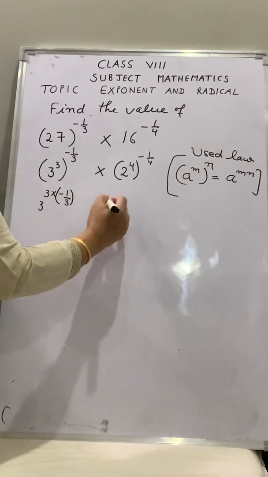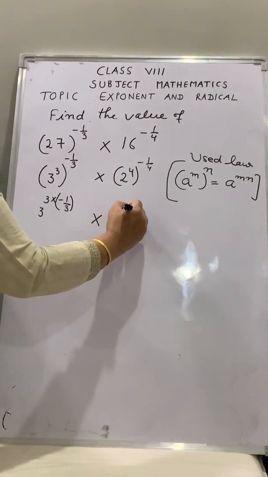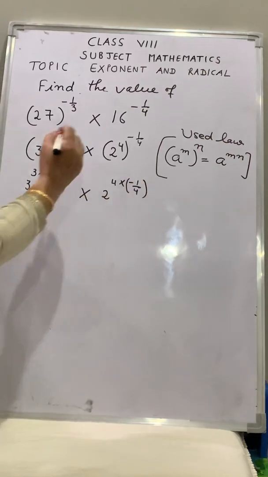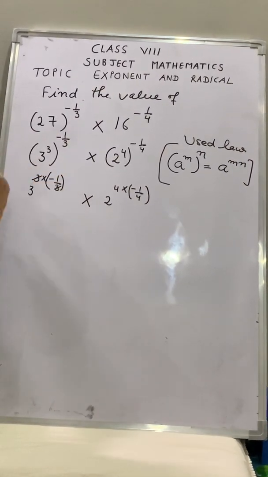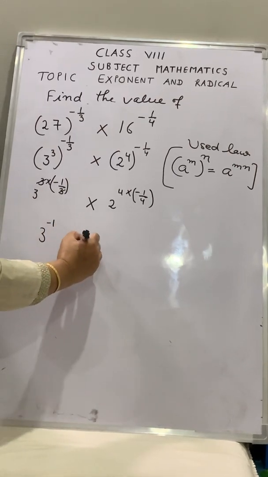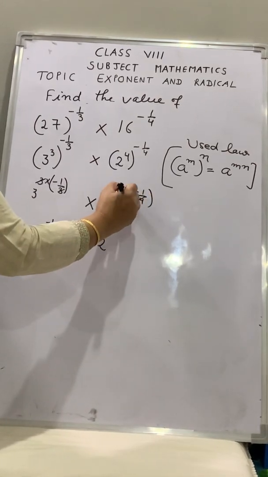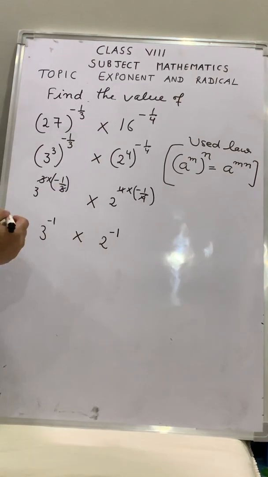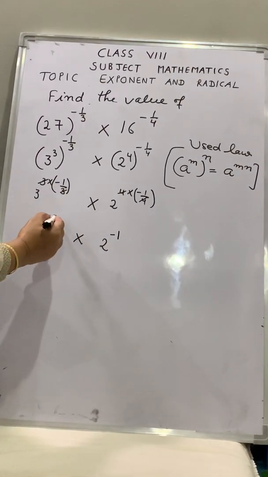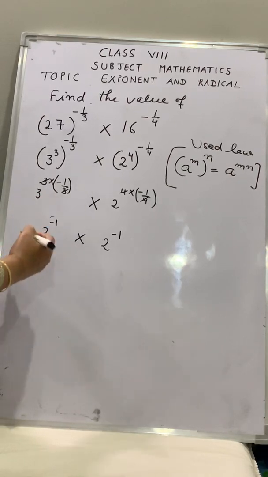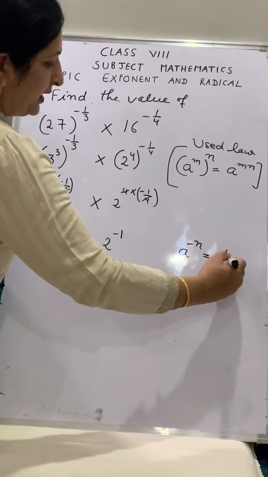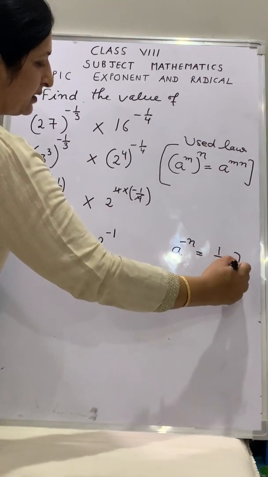Now it is multiplied. Now 2 raised to power 4 multiplied by minus 1 by 4. 3 divided by 3, so 3 raised to power minus 1. 2 raised to power minus 1. Now, exponent is negative, so you can apply a raised to power minus n is 1 by a raised to power n.